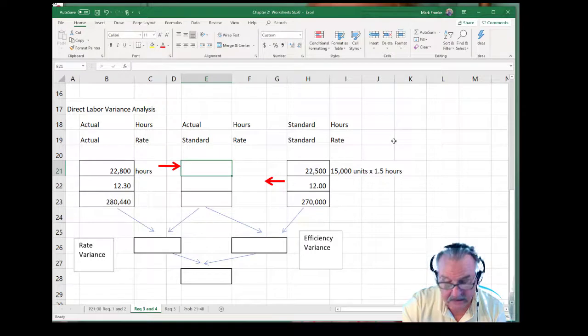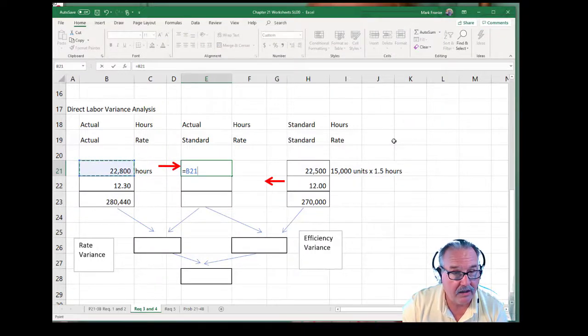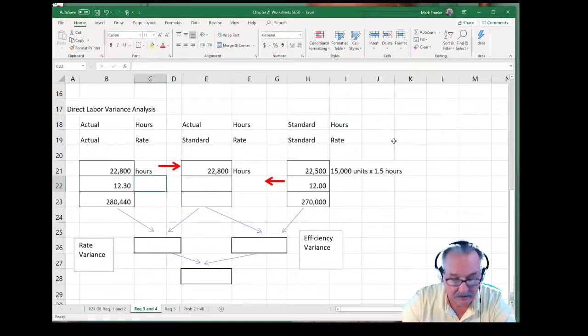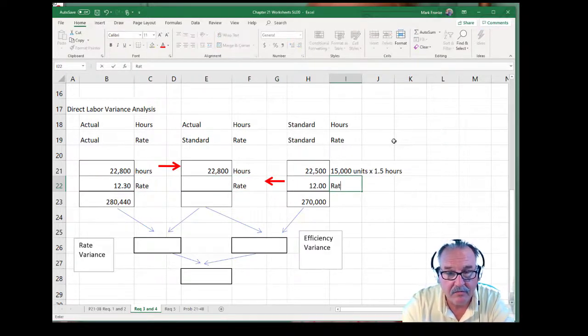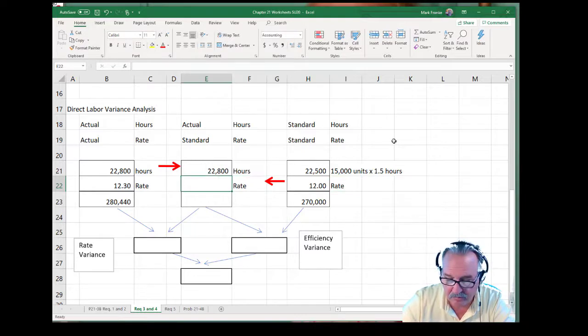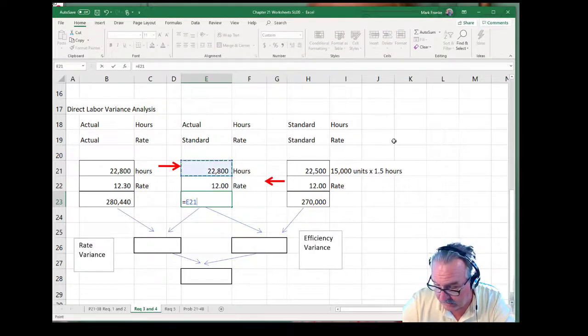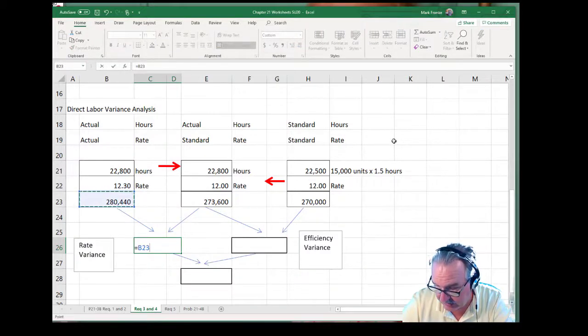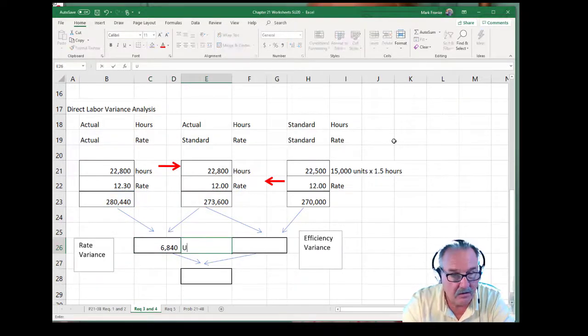So again, if I bring over the 22,800 hours, and if I bring over the rate from the standard column, which is $12, then I can calculate the variance. So the variance between what we actually spent and our standard rate, we spent $6,840 more.